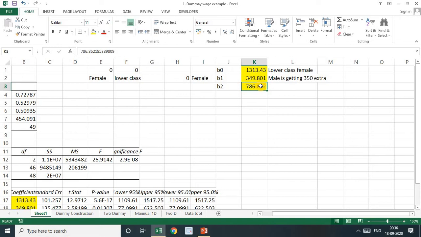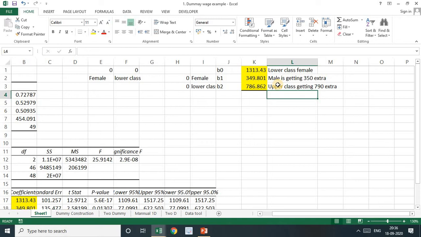And what is this? Here 0 is assigned for lower class. So how can we interpret this result? Compared to the lower class, upper class people are getting approximately 8790 rupees extra.